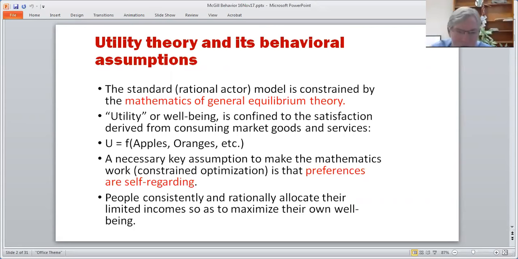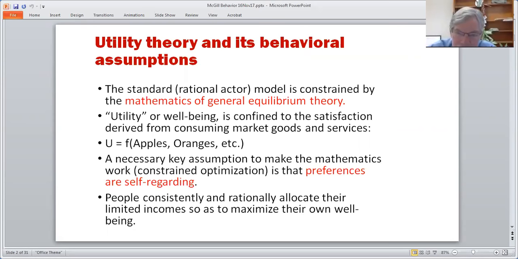It's been refined by hundreds of people, maybe thousands, over a long time. But anyway, the mathematics of this theory is what underlies things like cost-benefit analysis, marginal analysis, discounting, and a bunch of other things. So I just want to briefly say why behavioral economics is important here.